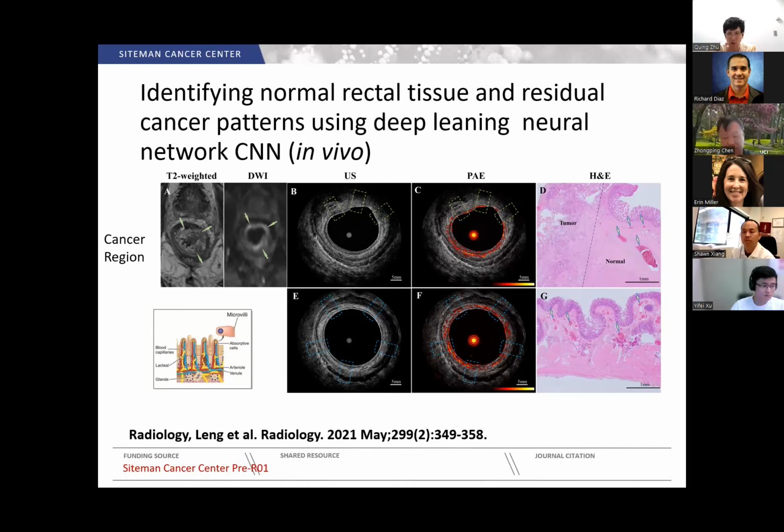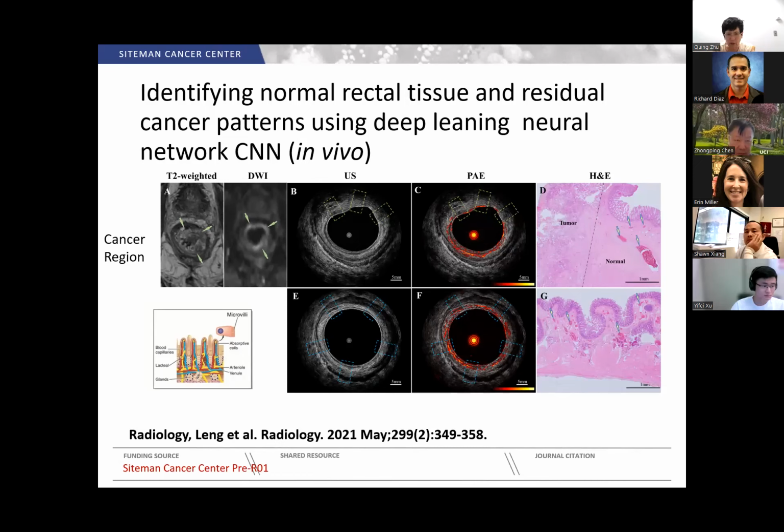How do we give surgeons some kind of tool to quantify, based on the vasculature information, the likelihood of a residual tumor or the likelihood of normal?